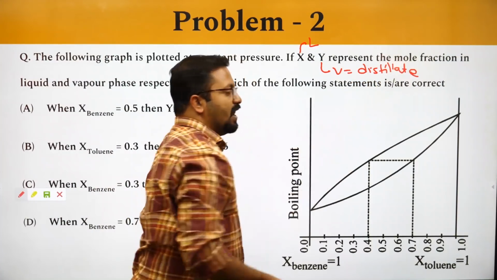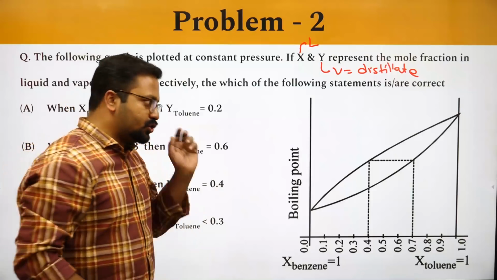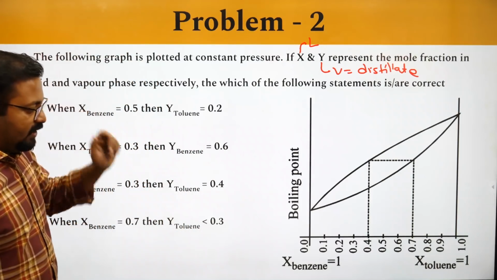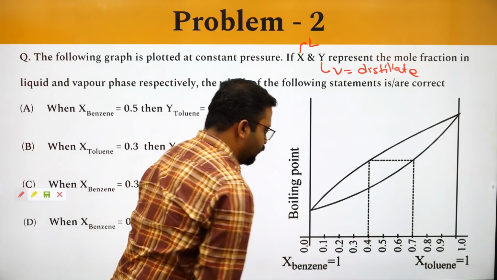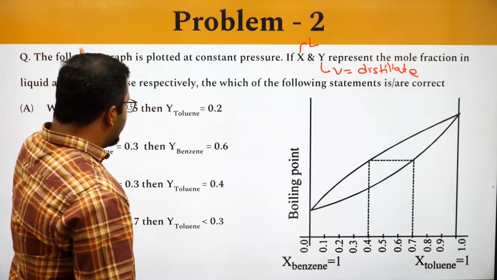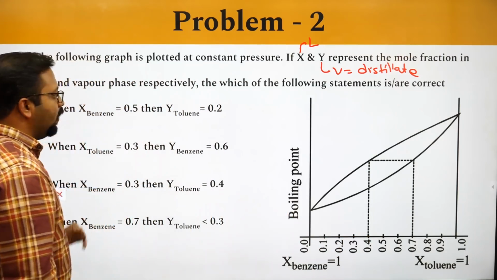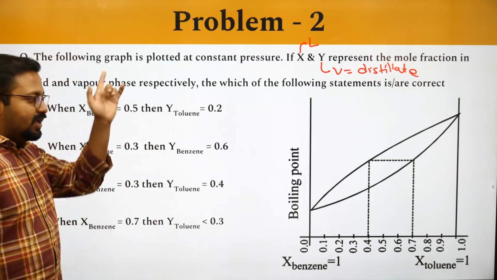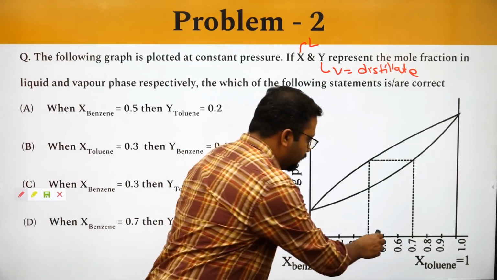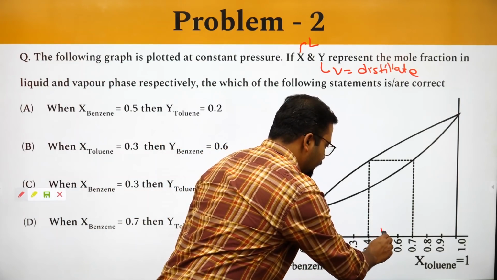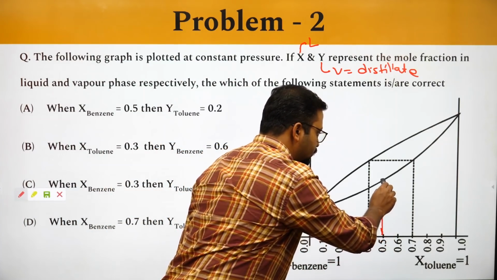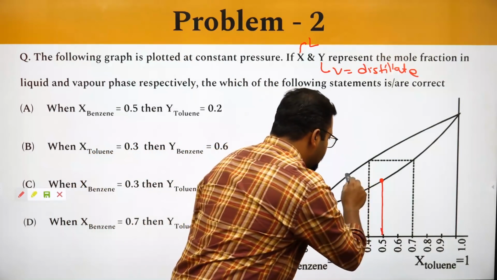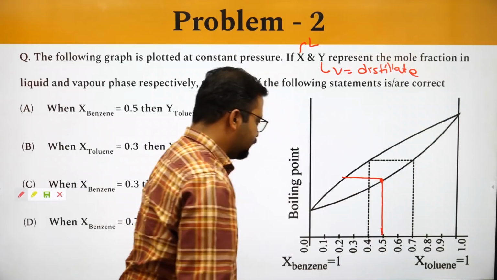When we condense the vapor, it becomes the distillate. So, mole fraction of benzene is 0.5 in liquid, then mole fraction of toluene in vapor is 0.2. Let's see. What I do is, I draw a line like this. Okay? Lever rule. Something straight.